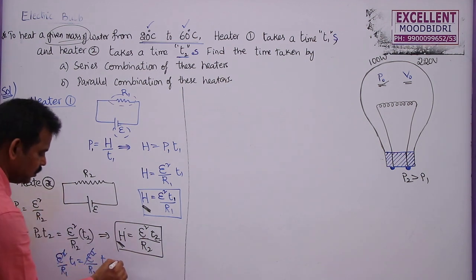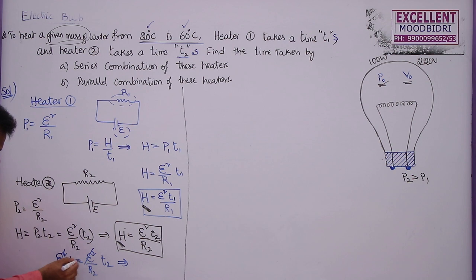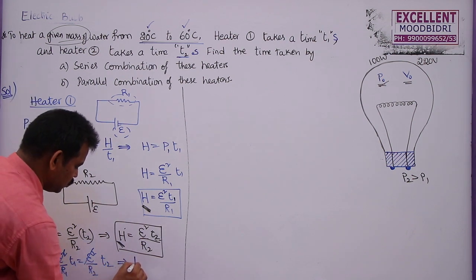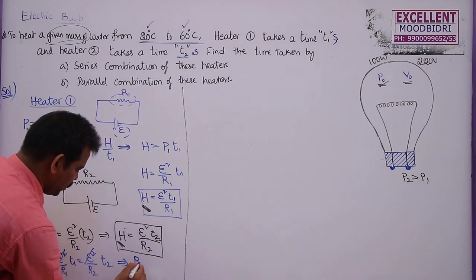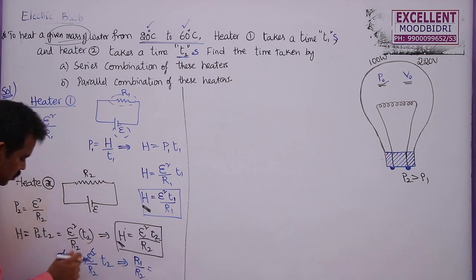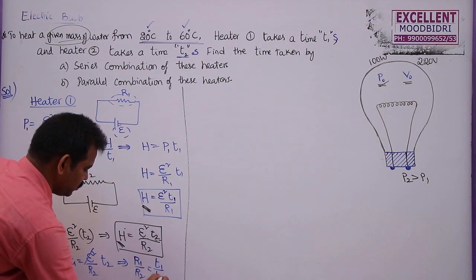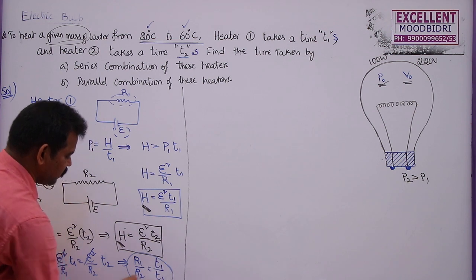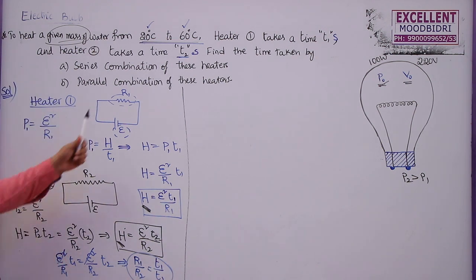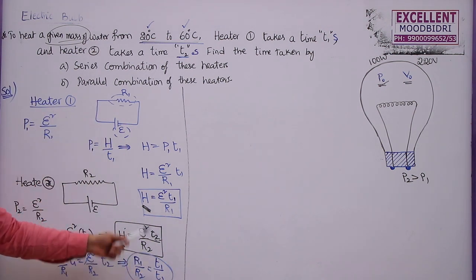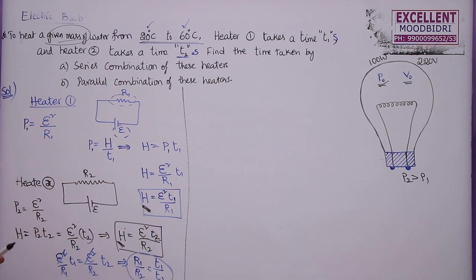E square gets cancelled. So from this we can write T1 by T2 is equal to R1 by R2, or R1 by R2 is equal to T1 by T2. So we got a relation between the ratio of resistances of these two resistors and the time taken by these two to heat the water from 20 to 60.